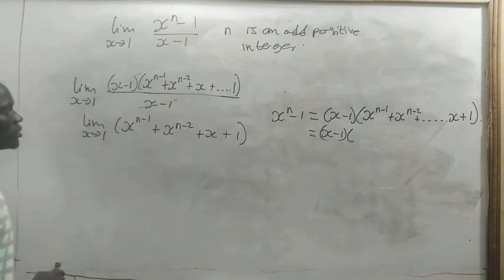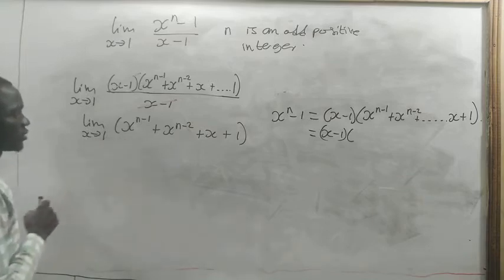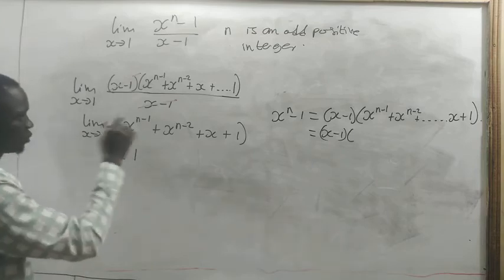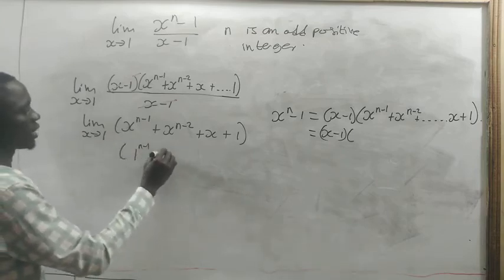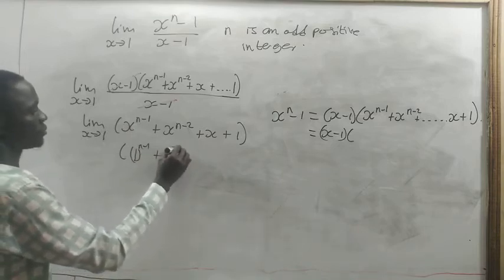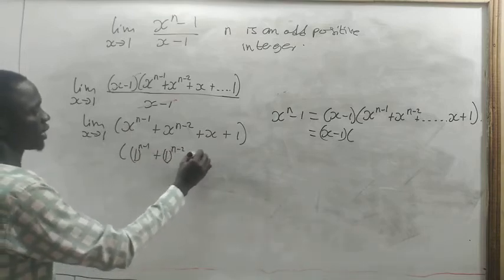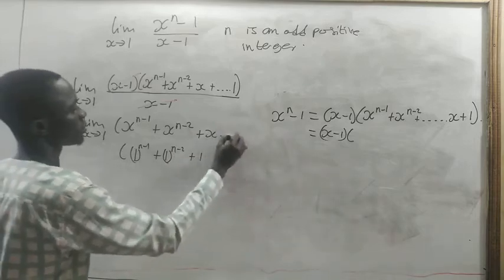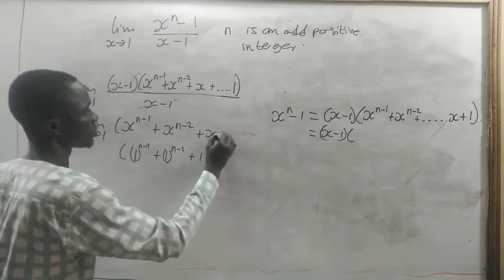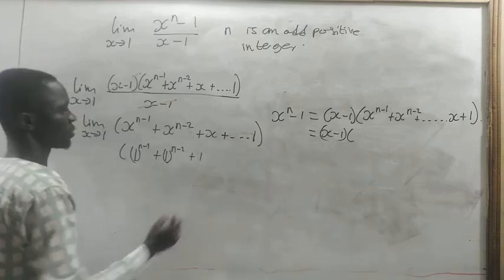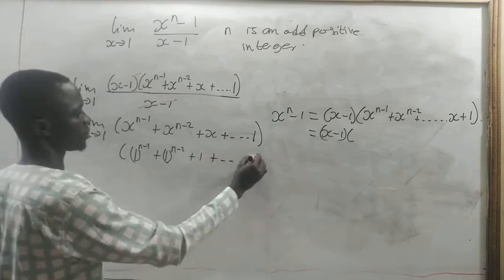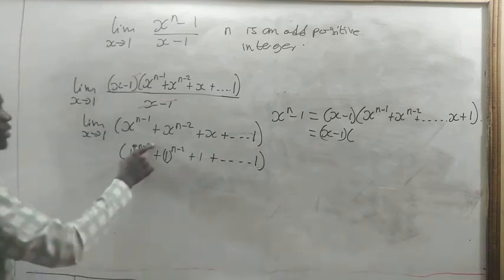Now, if we put in 1, what are we going to get? We are going to have 1 to the power n minus 1 plus 1 to the power n minus 2 plus up to 1 plus 1. So 1 to the power of anything is 1.